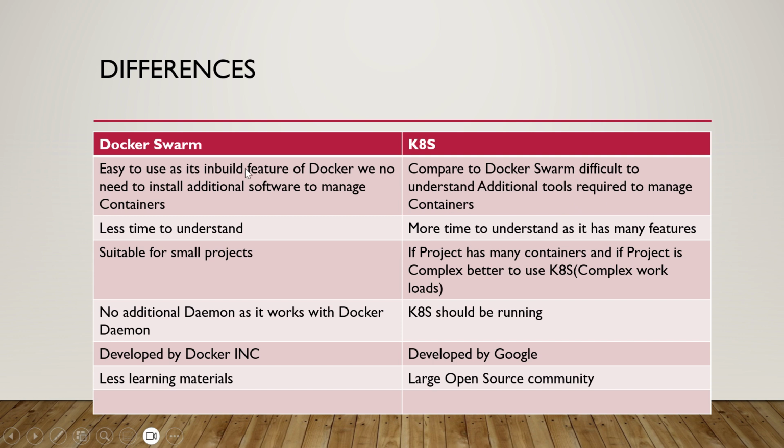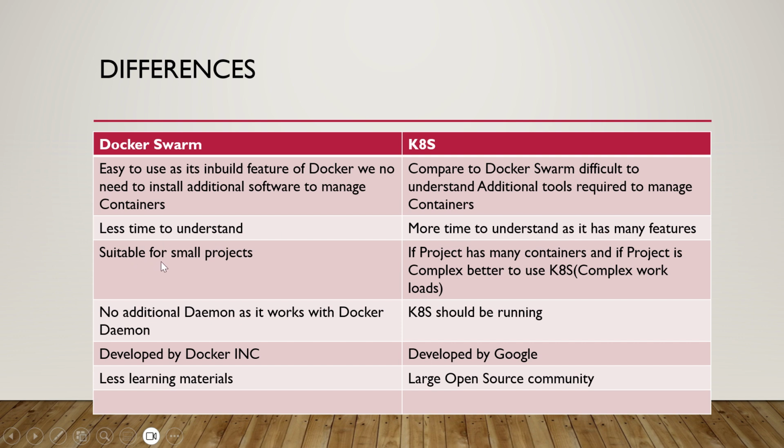For Docker Swarm, additional tools are not required, but for K8s, additional tools are required to manage the containers. Docker Swarm takes less time to understand, but Kubernetes requires more time to understand as it has many features compared to Docker Swarm.